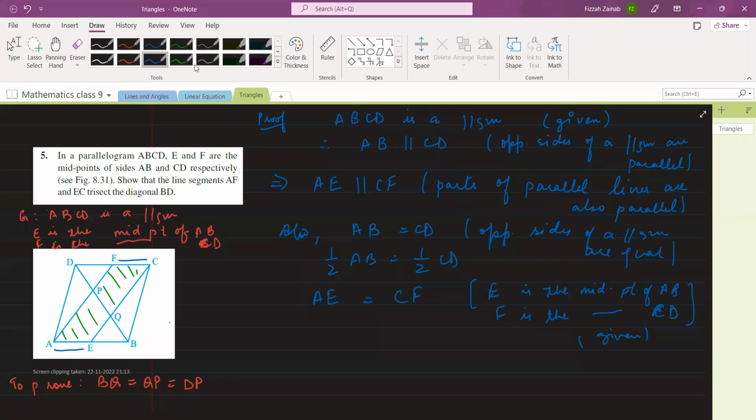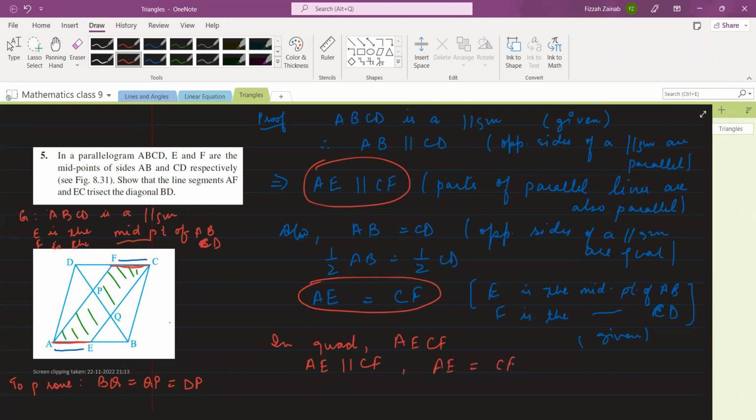Understand? So now what is happening here in this figure? One pair of opposite sides, I mean this side, I have got equal, right? And also I have got parallel. So if I consider this quadrilateral AECF, I'm getting AE parallel to CF and AE equal to CF.